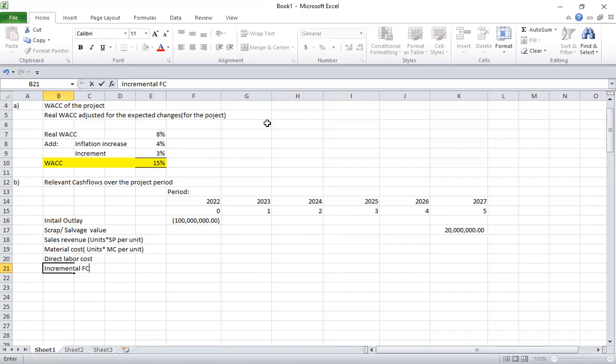Then for that first year, how do we compute one sales demand for that first year? What do we do? Somebody?